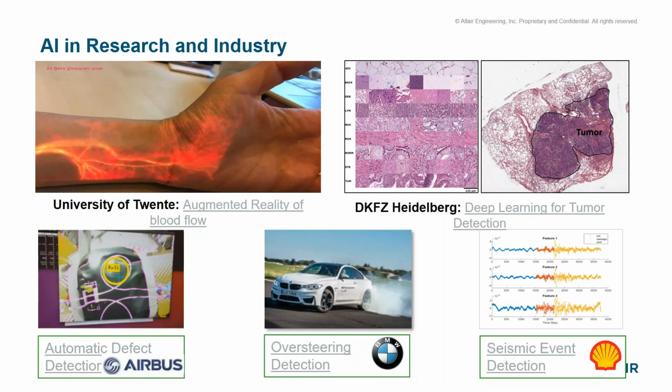Another one is BMW, which is using various sensors to predict whether the vehicle is oversteering. And Shell has developed models for earthquake detection. So this is how different types of companies and projects have undertaken very interesting work using AI and deep learning techniques.